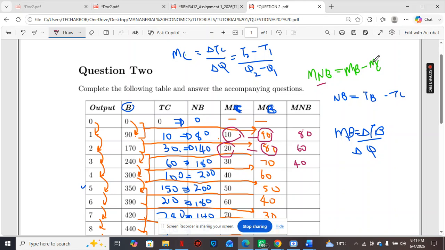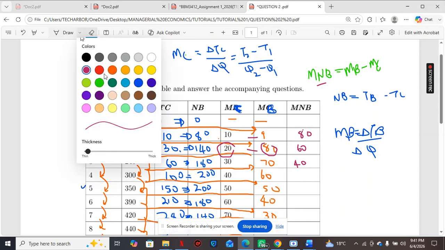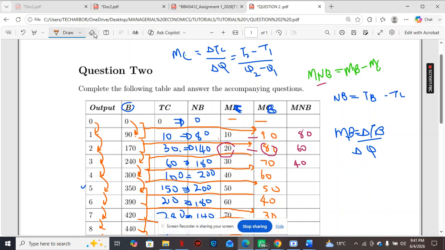Oh, sorry. Mistake on my part. Marginal net benefit is the change in the net benefit over the change in quantity. That was my error there.